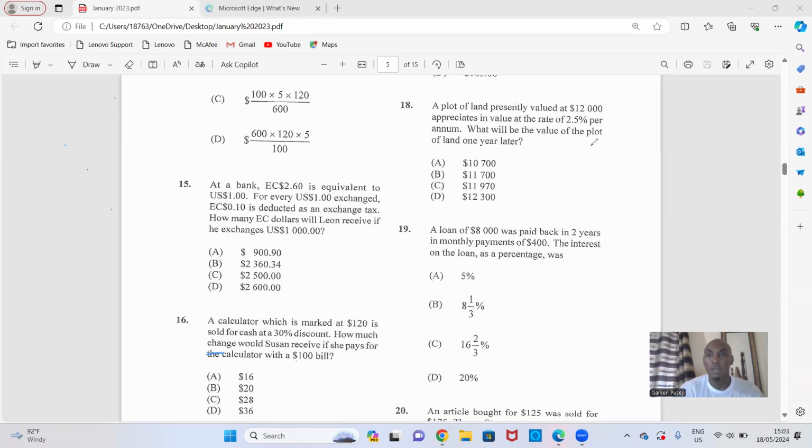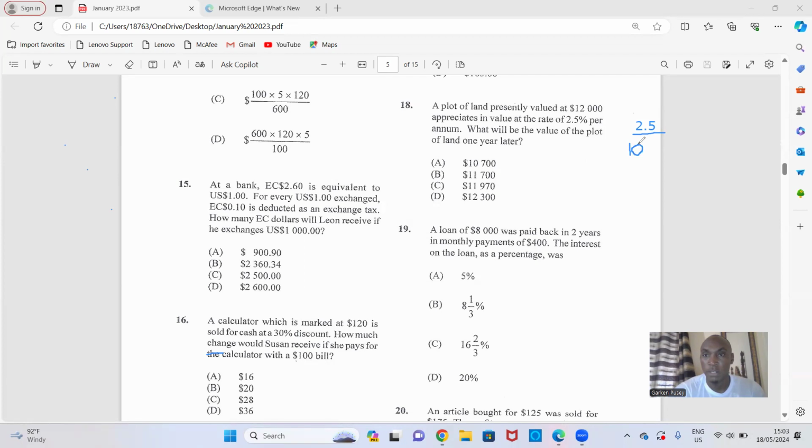Now, what we can do is find 2.5% of this 12,000. So this will be 2.5 divided by 100. It's 2.5%, nothing actually changes.